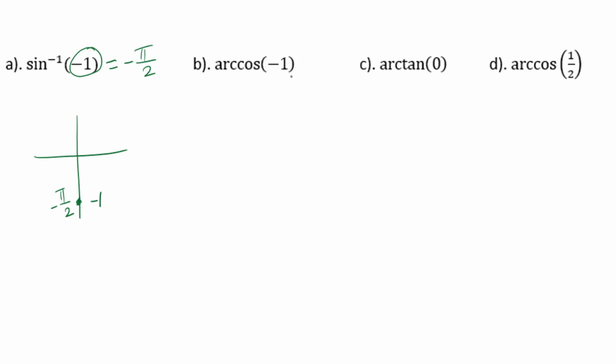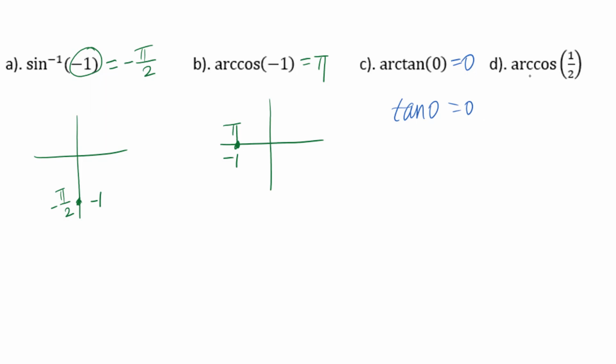For arc cosine -1, it's here. Cosine is the x-axis. You have -1, this is pi. Therefore, arc cosine -1 equals pi. Arc tangent 0 equals 0 because tangent 0 equals 0.